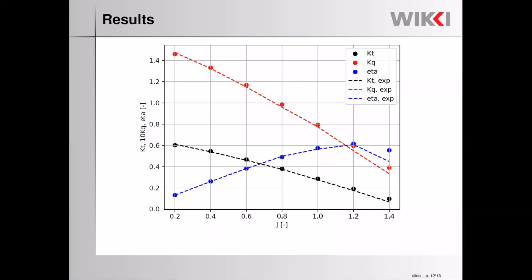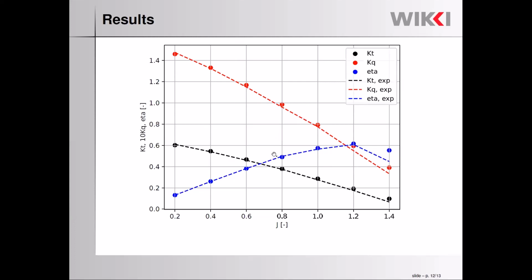Okay, and probably the most important graph of this whole study. So we tested how good we are compared to the experimental results for different advance coefficients, and you can see that our coefficients of thrust, torque, and the efficiency of the simulations are quite good, especially for the lower advance ratio coefficients.